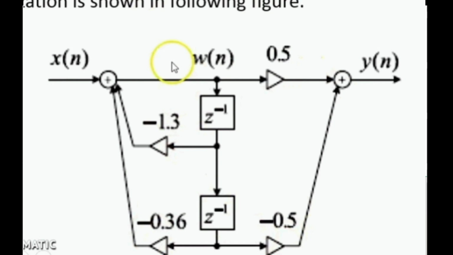If you compare the two structures, the number of delay elements in direct form 1 is twice that of direct form 2. Therefore, direct form 2 is more memory efficient, occupying less memory, so it is especially used for floating point implementation.